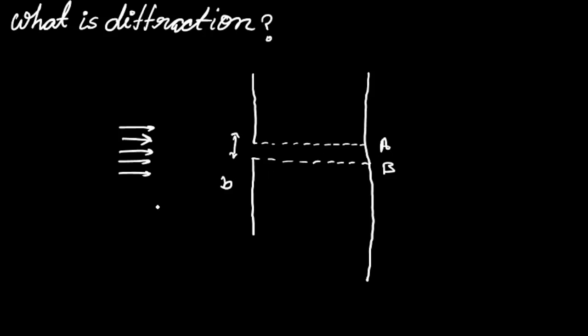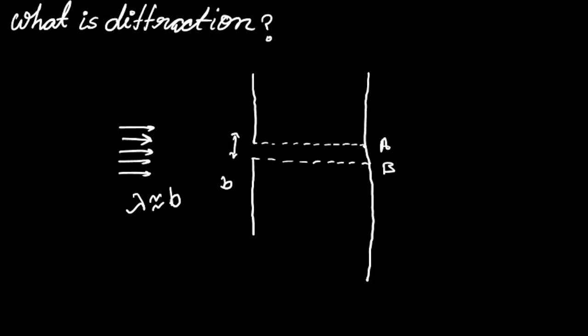But if we take a careful look at this experimental setup, when the wavelength of the incident wave is nearly equal to the width of the slit, then we will see an intensity distribution on the screen.